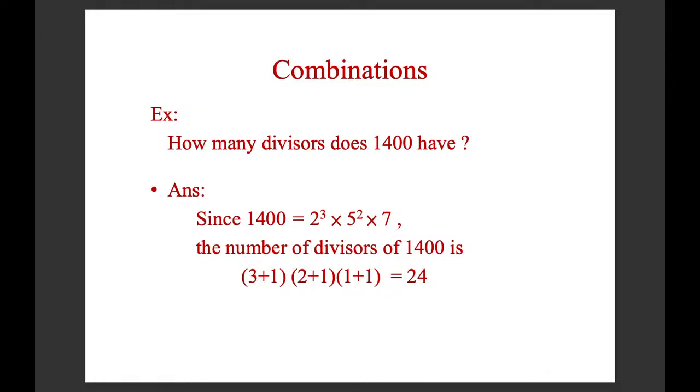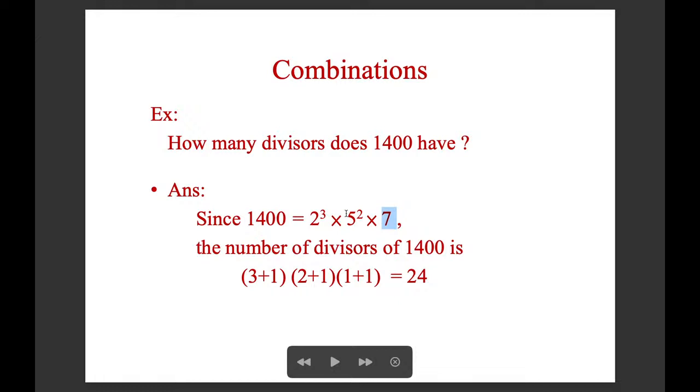But if we just need to find out the number of divisors, it can be done fairly easily, because we can have a prime factorization of 1400 in this form: 2 to the power 3 multiplied with 5 to the power 2 multiplied with 7 to the power 1. Then if it is a divisor of 1400, we may have some 2's inside, but we cannot have more than 3 of them.